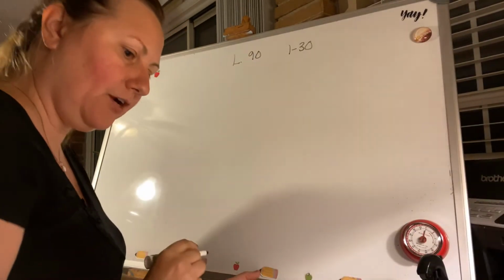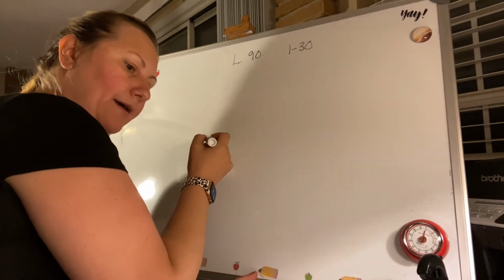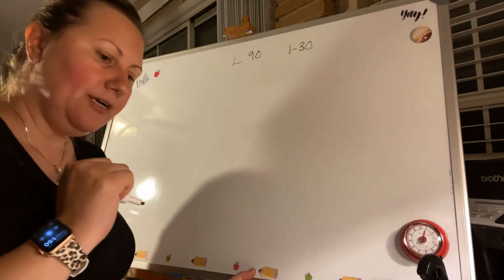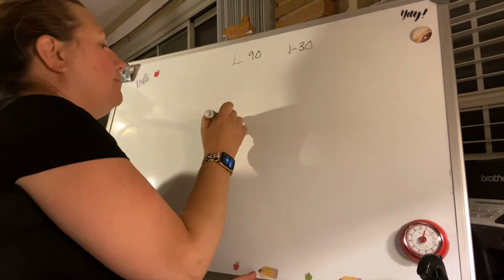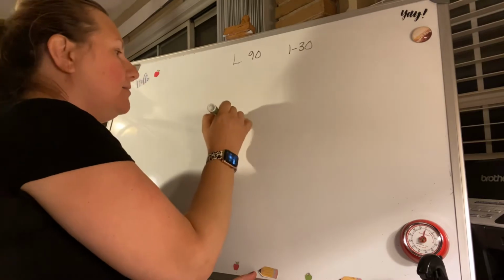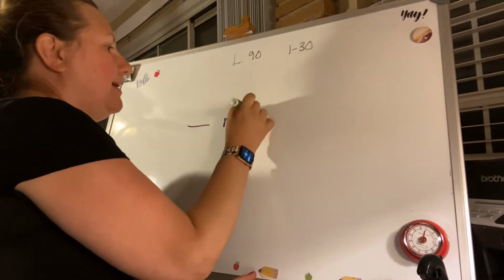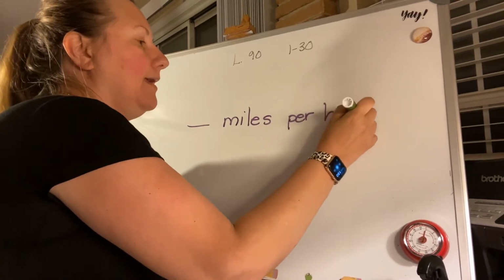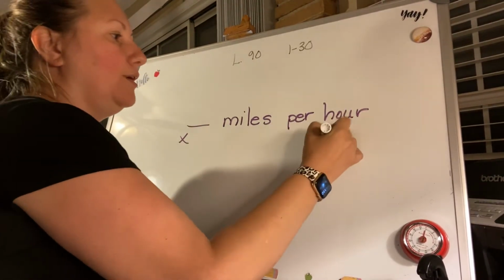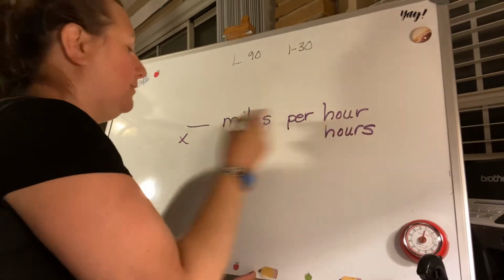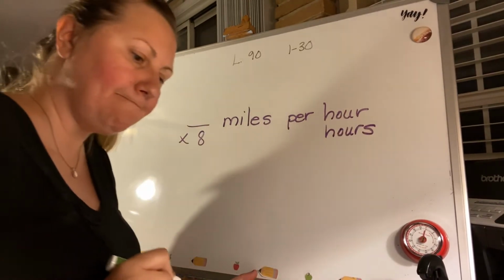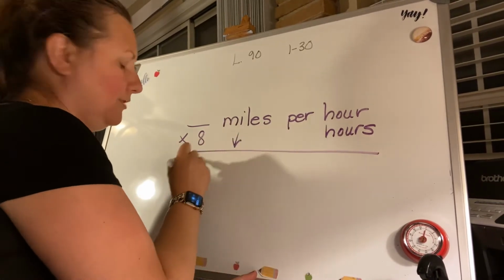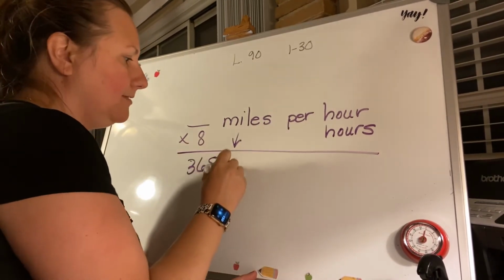So why don't we get started by saying, we know 368 miles, we know it's 8 hours. The question is miles per hour did she drive? Okay, we know how many hours. We read that it was 8 hours. And we know the total number of miles, which is 368 miles.